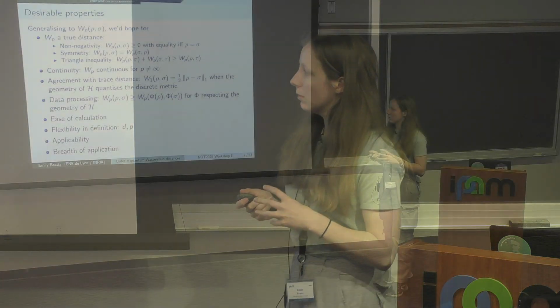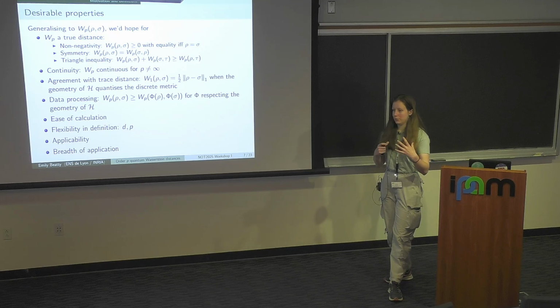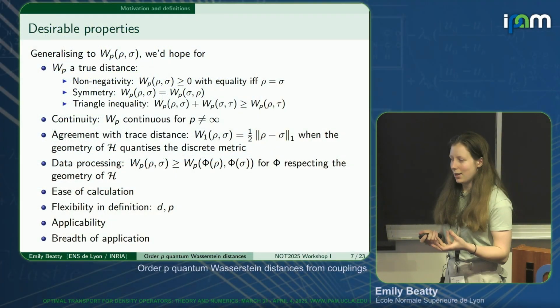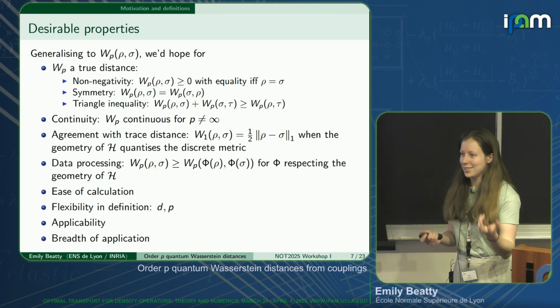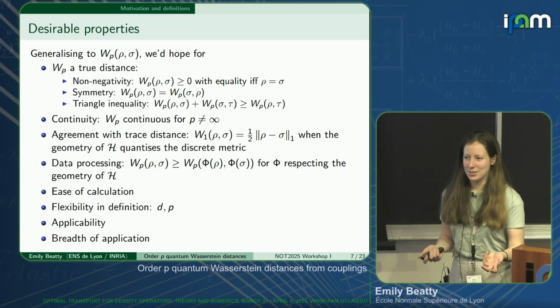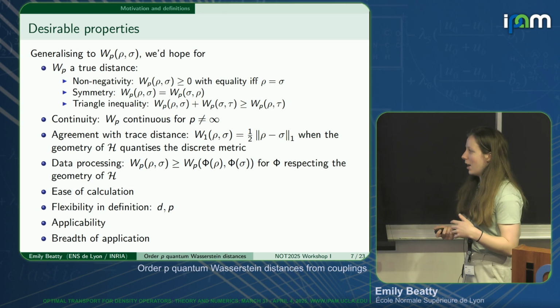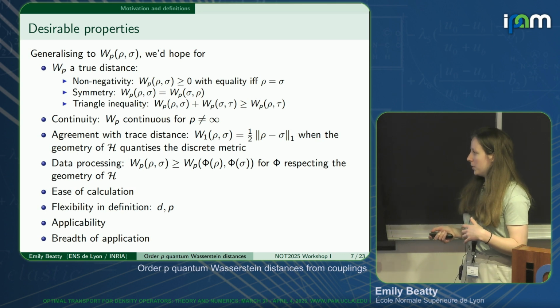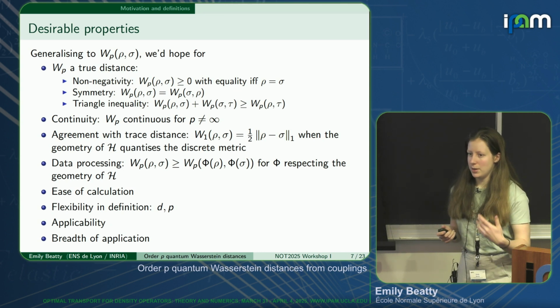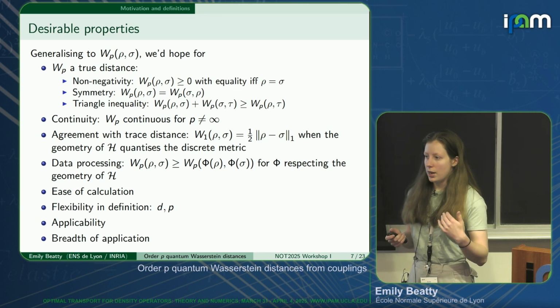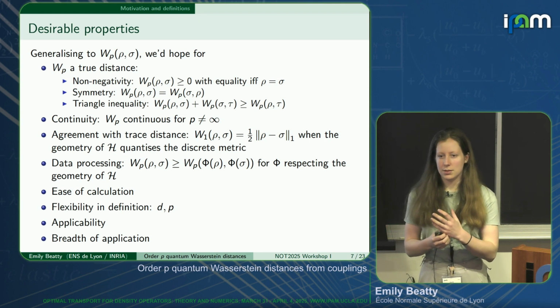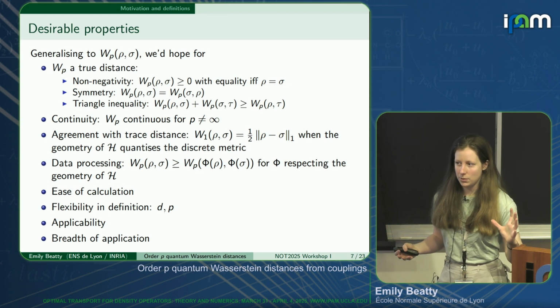And then some other things we might hope for in the practical setting. First of all, it would be nice if these things were easy to calculate, just for practical applications. If you don't actually know what your distance looks like, then it's difficult to use it. A big one, the one that we're going to talk about here, is if you're trying to recover as many applications as possible, it's generally a good idea to have your distances defined as broadly as possible.